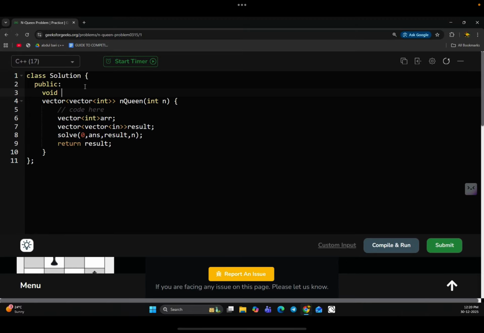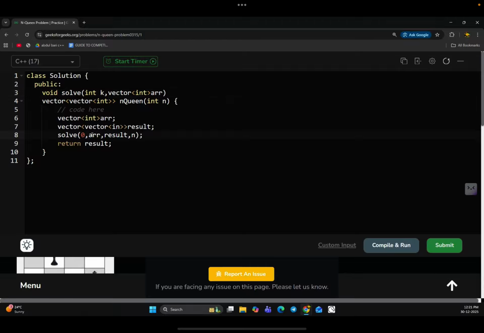Okay, let's write this solve. Solve will not return anything, so void solve. It will take int n, k, vector int array. Here it should be array.